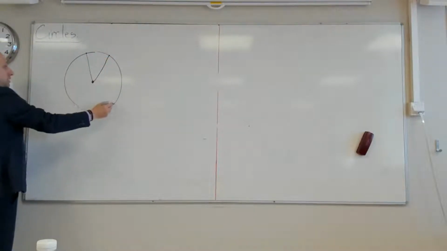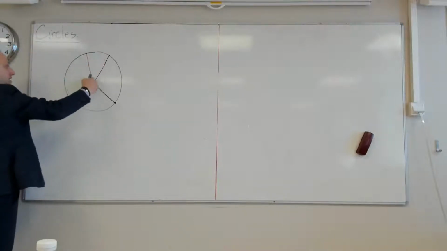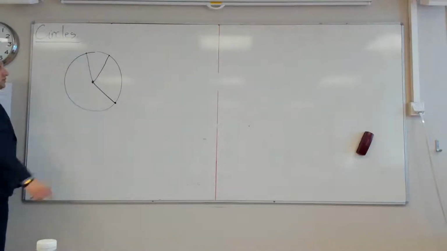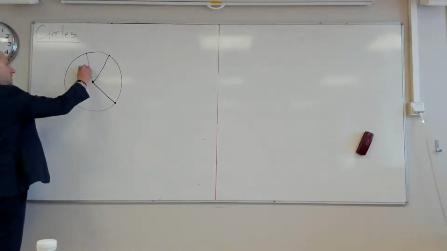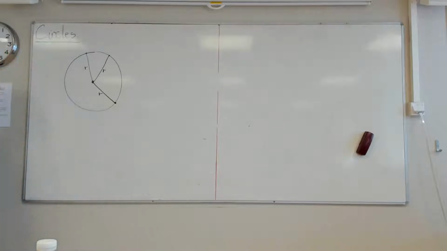The length would be the same if you do it with this point. So all of these lengths that you see here are the same, and each one of them is called the radius of the circle. Yes, and then usually we show the radius with r, for example, here. The length of all of these are the same value.